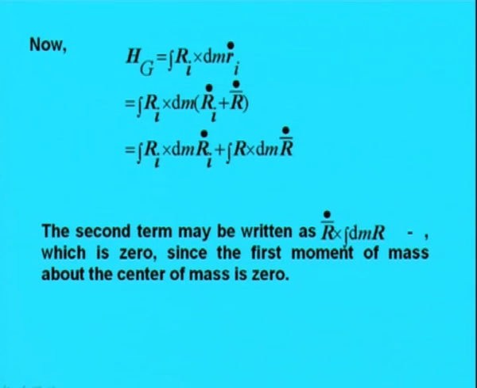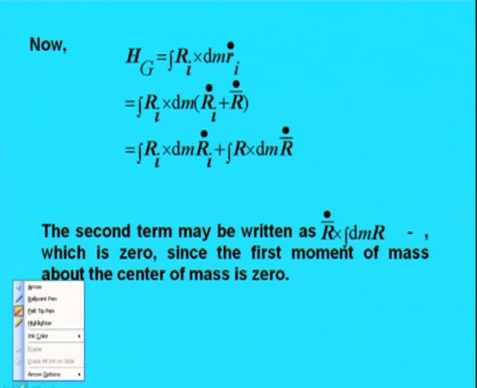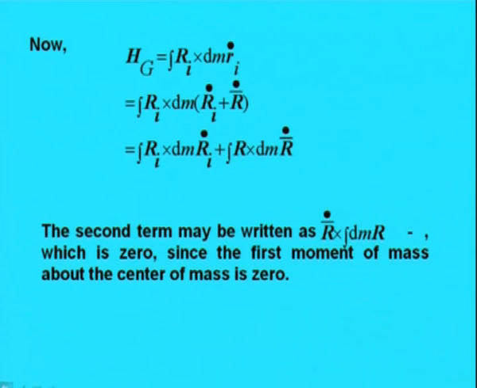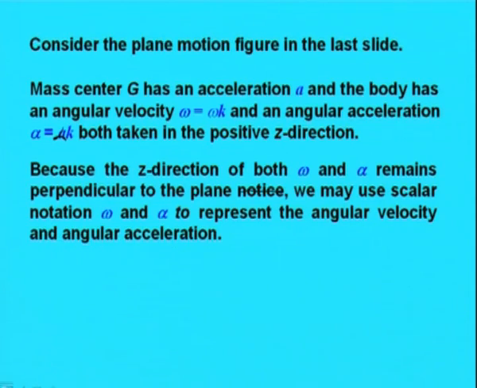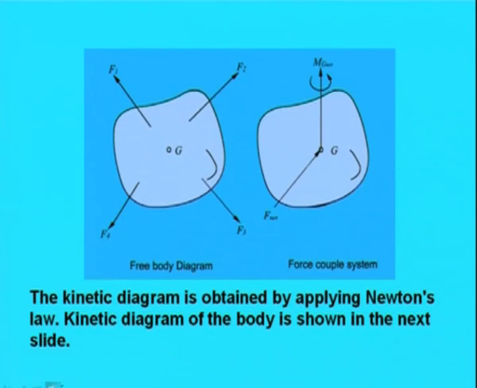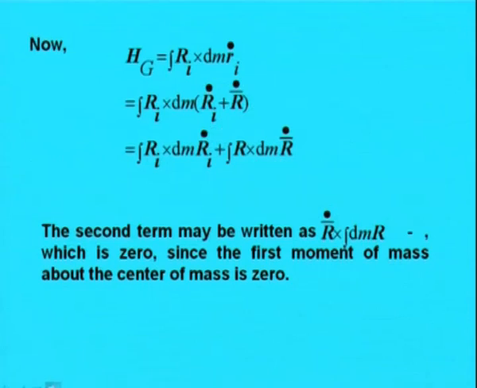Now, H G is equal to r i cross dm r dot i plus r cross dm r dot.